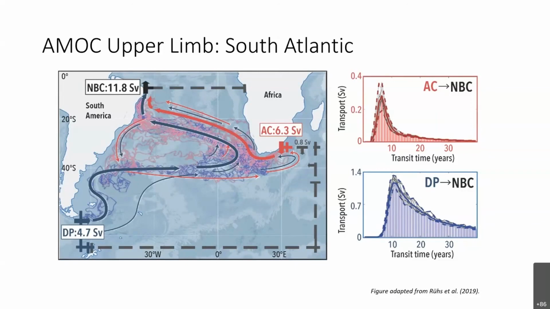This is also an example of backtracking, where you pick a point, in this case, the North Brazil Current, which is a known choke point for the northward AMOC flux transport. And you can go backwards in time using the model to figure out, okay, particles going through that choke point, where did they come from?